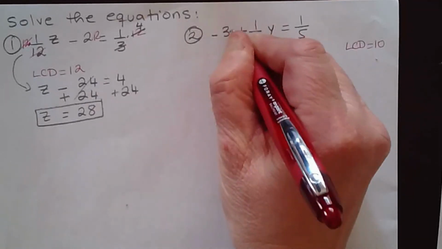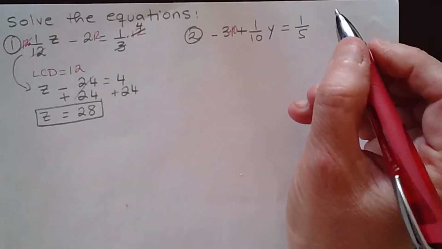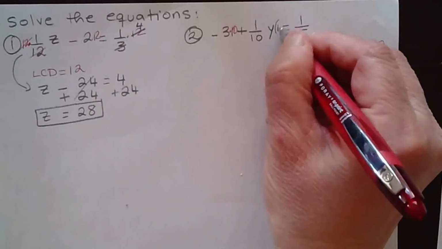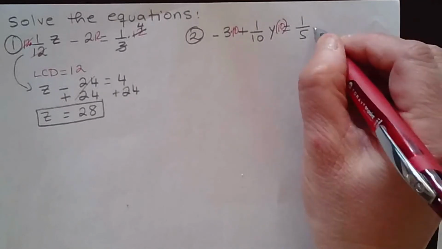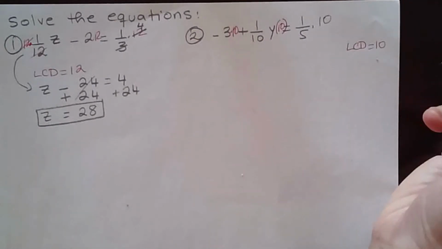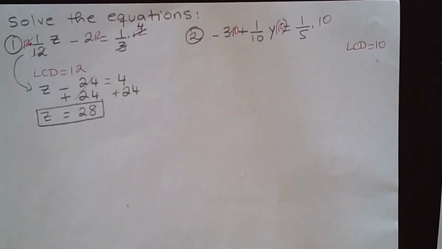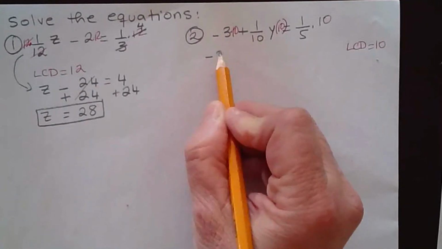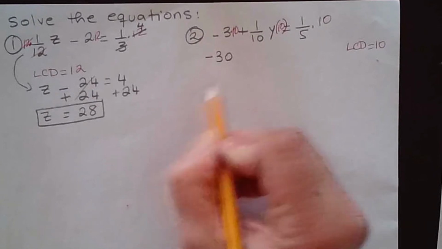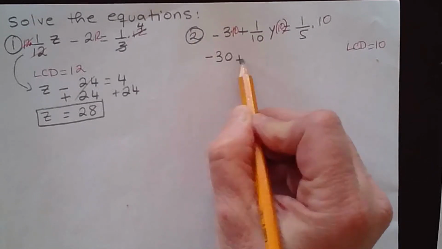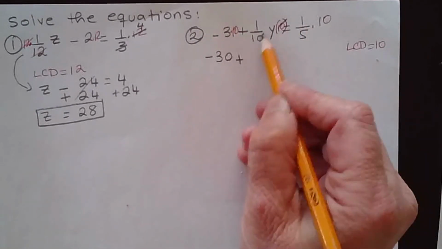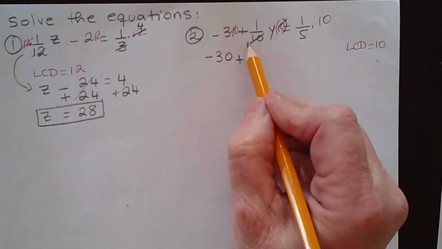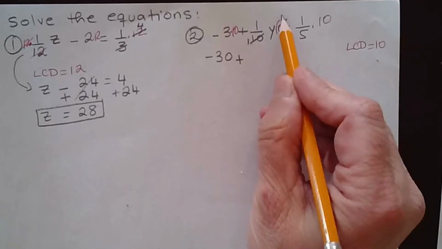So we multiply this by 10. We're going to multiply, let me write it here, this one by 10, and here by 10. So that's going to give me negative 3 times 10, that's negative 30, plus the 10 cancels with this 10, so the denominator is just simply 1, and here's 1.